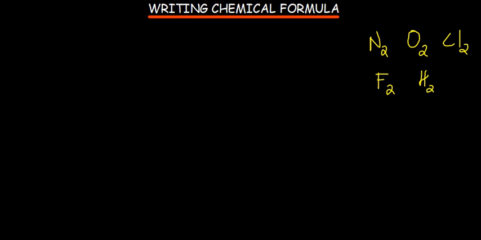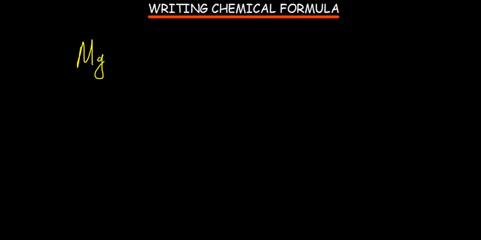These exist as diatomic gases. Even bromine, you always see with a 2 down. So when writing a chemical reaction, if they mention oxygen, you should have a 2 down. For example, if magnesium reacted with oxygen, you write magnesium plus oxygen, and oxygen should always have a 2 down here.